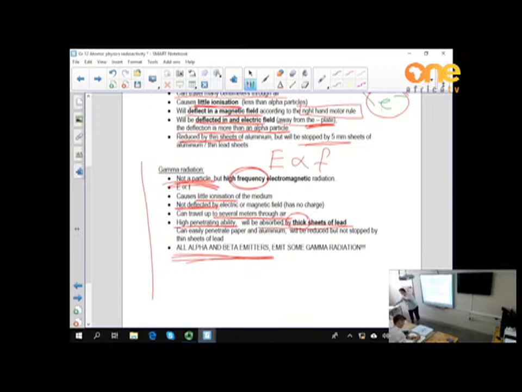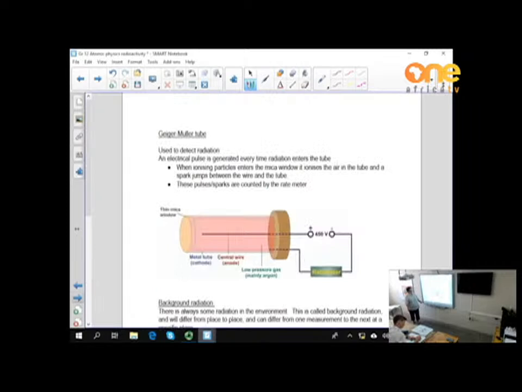So the protons and neutrons that are left have to rearrange to fill up that hole. The moment they do that, they give off a burst of gamma radiation. All right. So any alpha or beta emitter will give off gamma radiation, and then we find that some other elements, without being alpha or beta emitters, will give off gamma radiation. All right. We will stop.